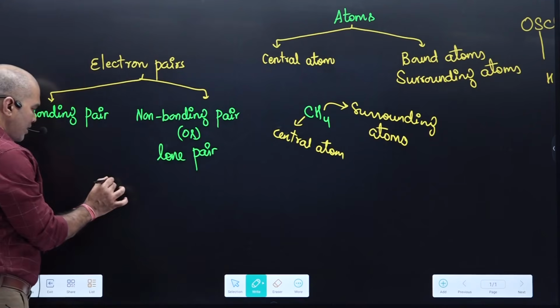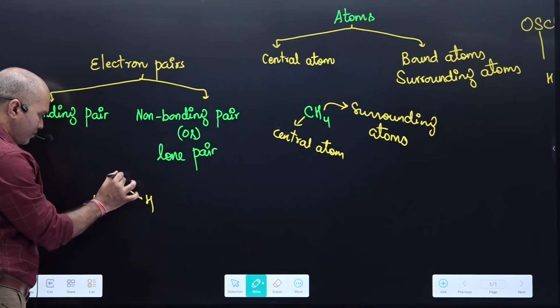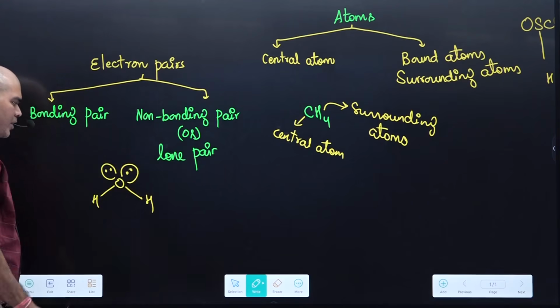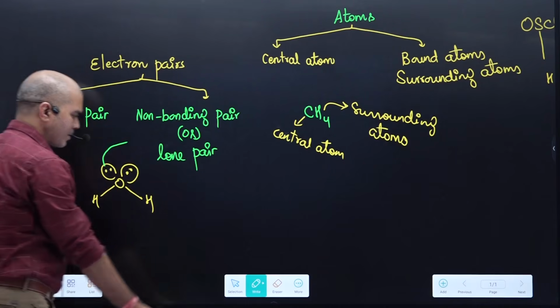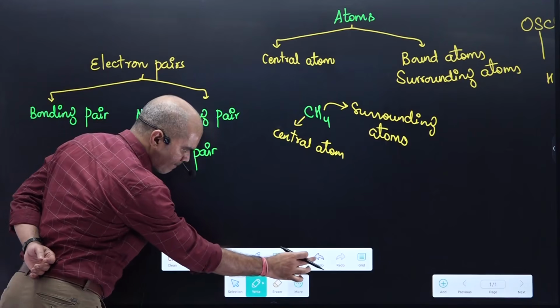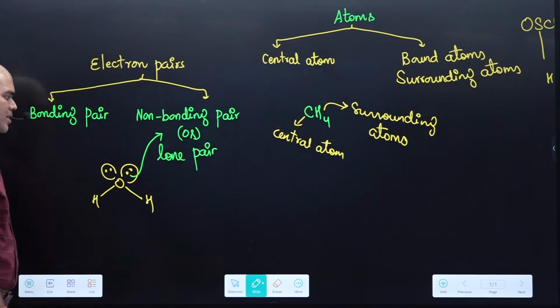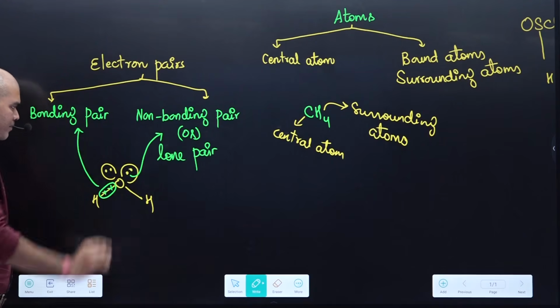Let me take an example again. If I consider the H2O molecule, this pair of electrons is non-bonding. It is not participating in bonding, or I can call it a lone pair. But these two electrons, one coming from oxygen, one coming from hydrogen, this is a pair, we call it a bonding pair.